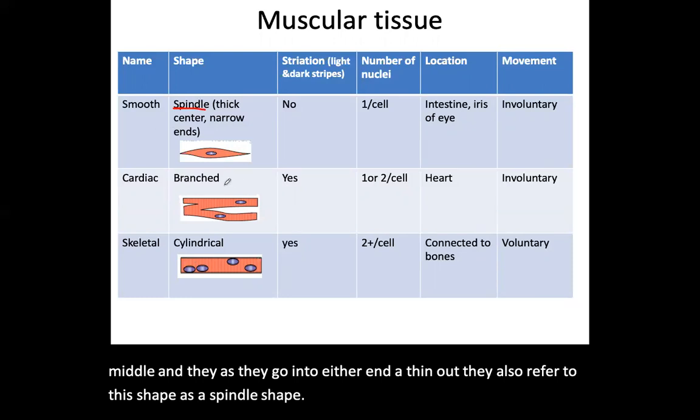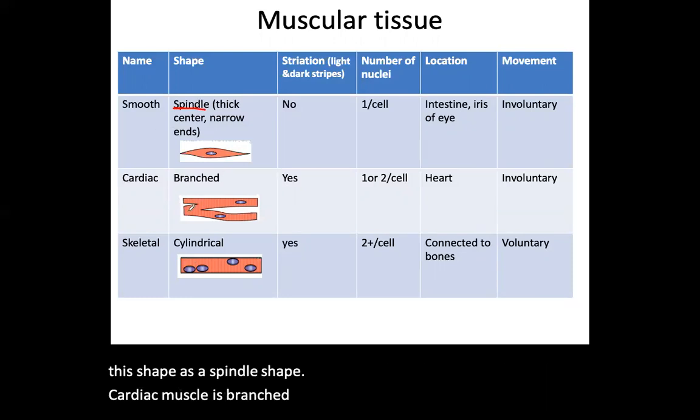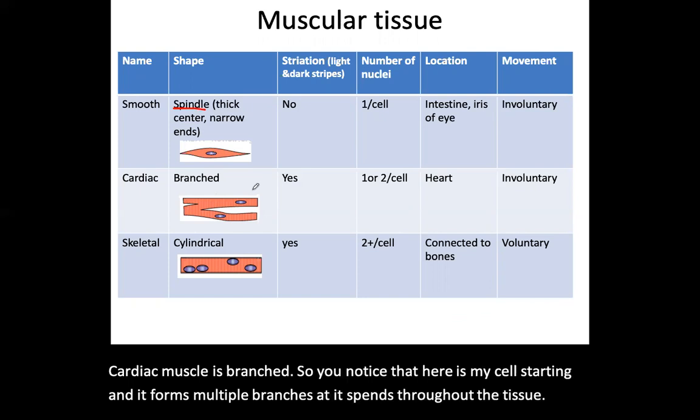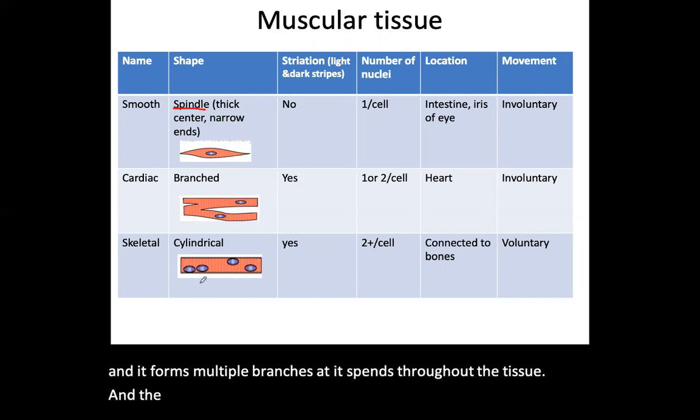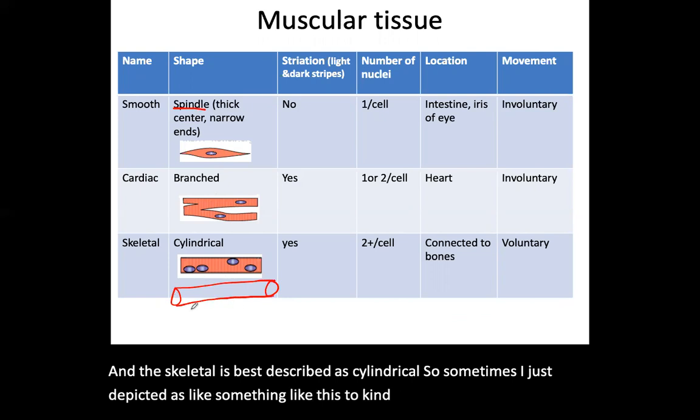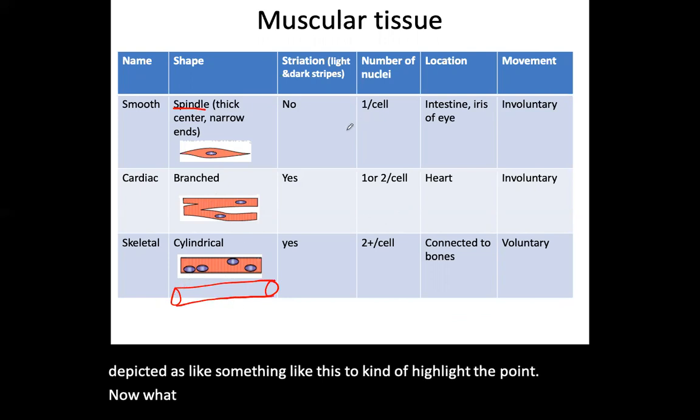Cardiac muscle is branched. You notice that here is my cell starting, and it forms multiple branches and spans throughout the tissue. And skeletal is best described as cylindrical. So sometimes I just depict it like something like this to highlight the point. Now, what is another characteristic that distinguishes these cells? It is the presence of striations.